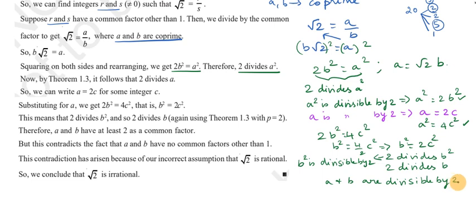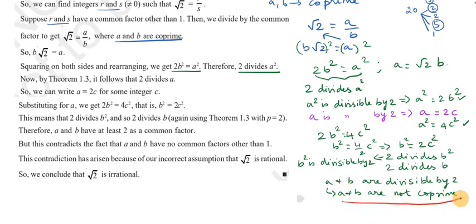If a and b are divisible by 2, then this shows that a and b are not co-prime, which is going to be contradictory to our assumption.